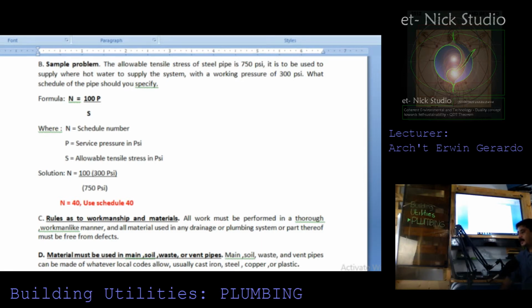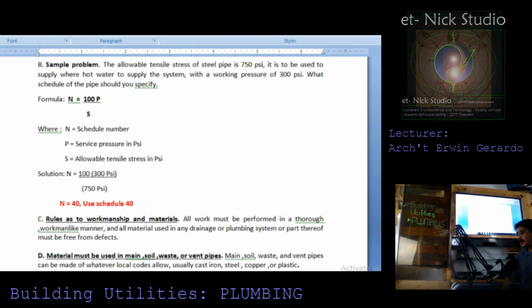Solution: N equals 100 times 300 psi, divided by the allowable tensile stress, which is 750 psi. The schedule therefore is 40. So use schedule 40.